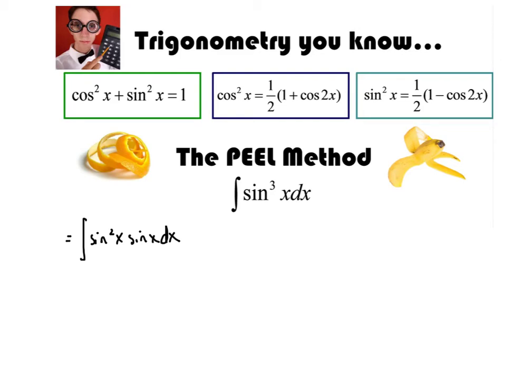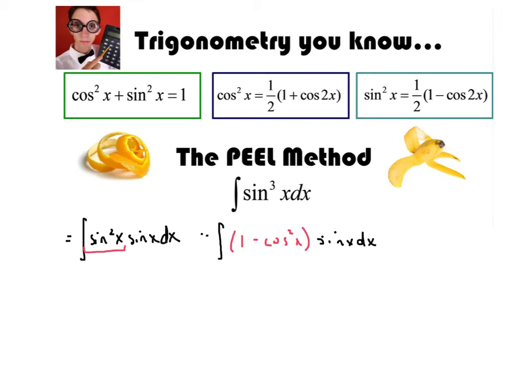Okay, and this is the peel. I just peeled a sine off of sine cubed. Well, now I could rewrite sine squared as 1 minus cosine squared. And I still have that sine x dx left over at the end.